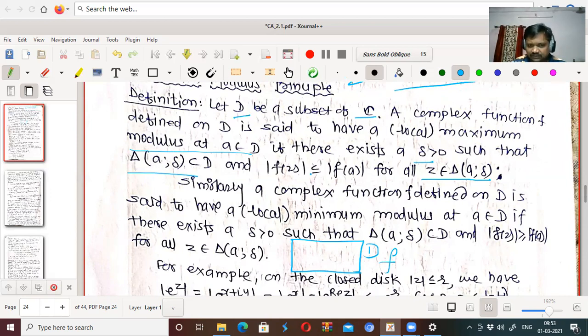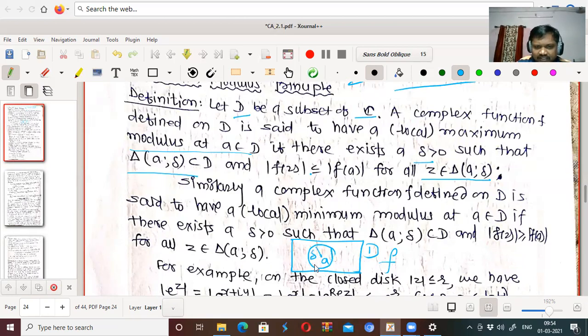Suppose a is here, a point belonging to D. If there exists a delta greater than 0 such that the disk having center at a and radius delta is contained in D, it should be a subset of D, and the modulus of f of z should be less than or equal to the modulus of f at a for all z belonging to this disk.